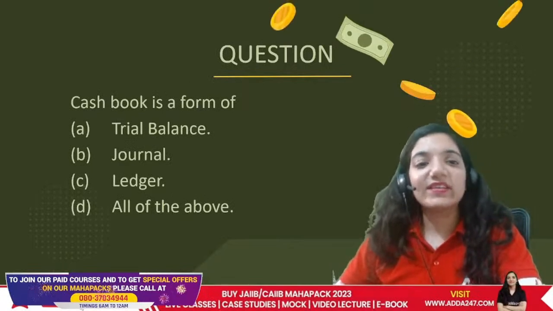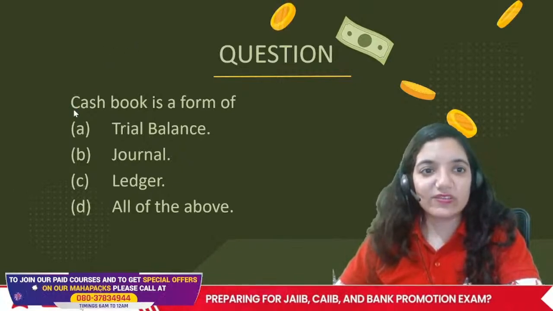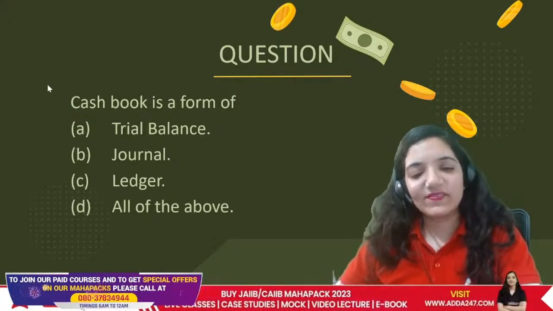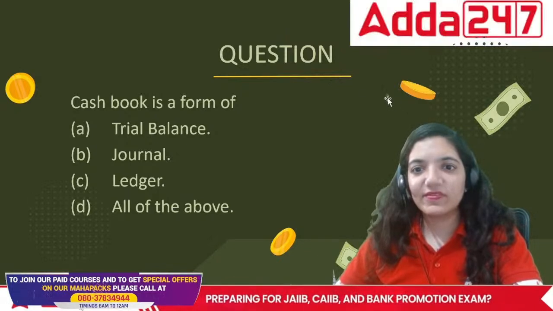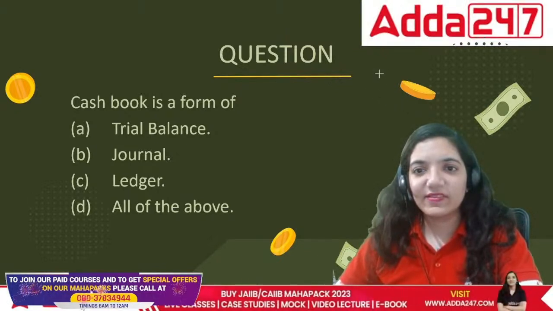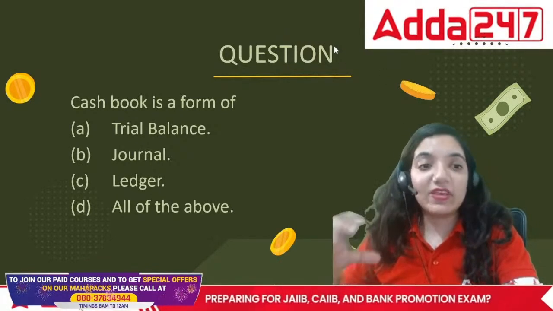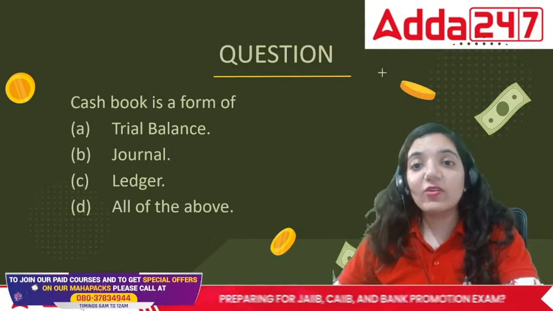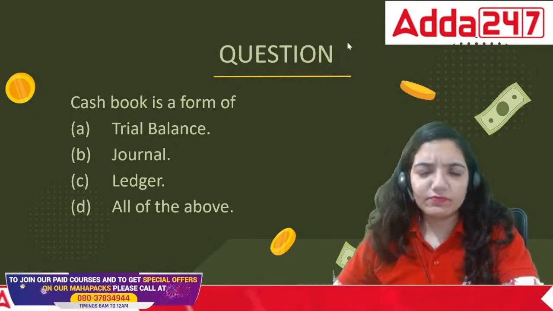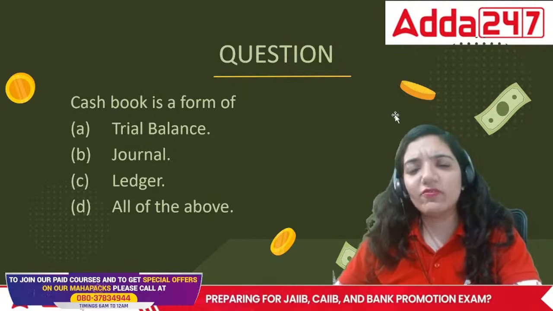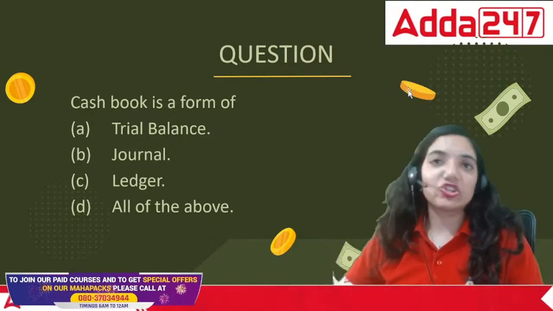The next question says cash book is a form of what exactly? Cash book is actually a form of subsidiary book. It's a particular place where we exclusively record only those things which are related to the cash transactions, nothing else.